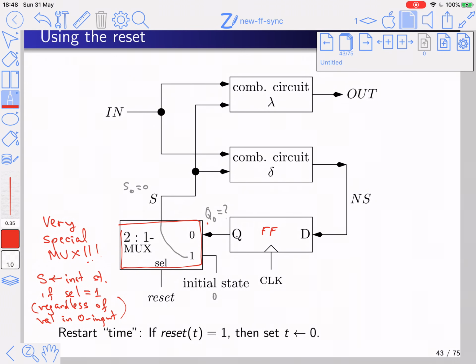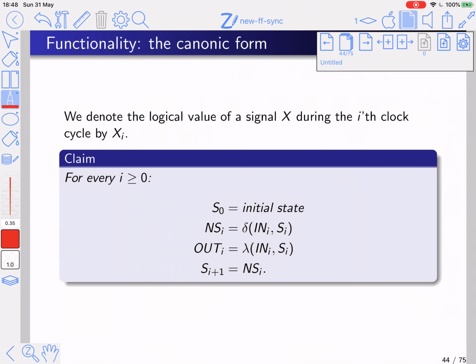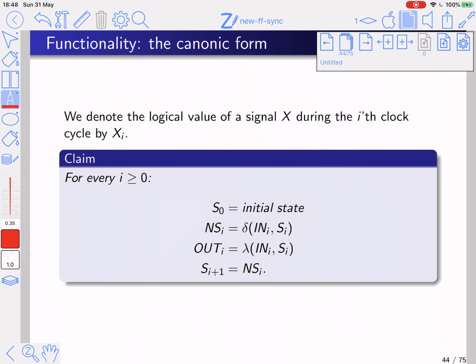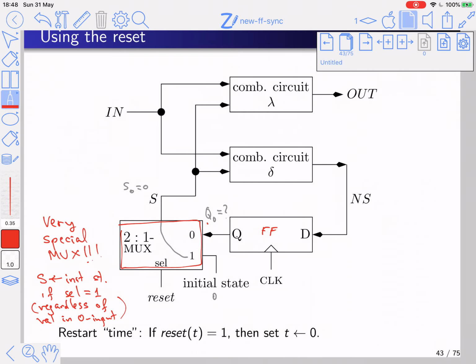NS_I equals delta of N_I and S_I: the function computed by this combinational circuit applied to the input and the state in clock cycle I. Out_I equals lambda of N_I and S_I, because this combinational circuit computes a function of the input and the state, and it gives you the value of the output.